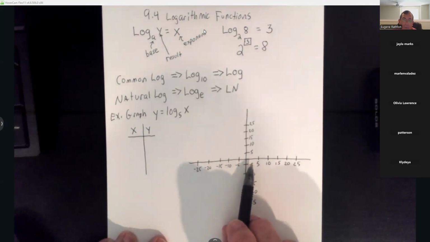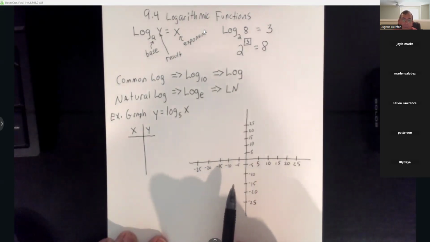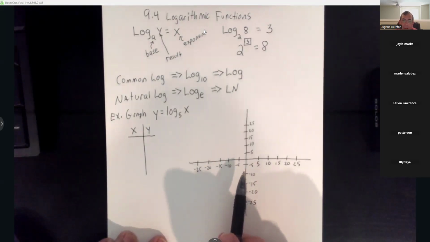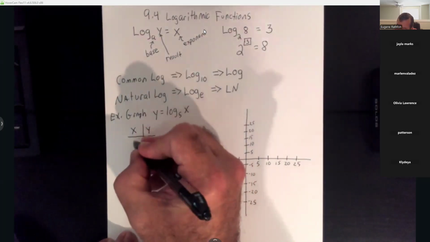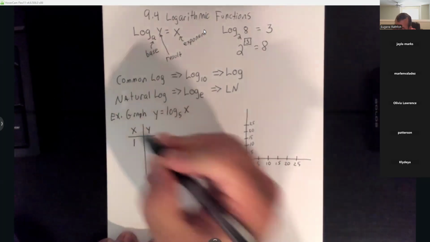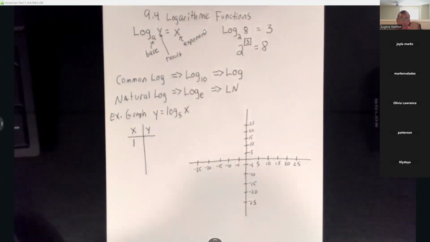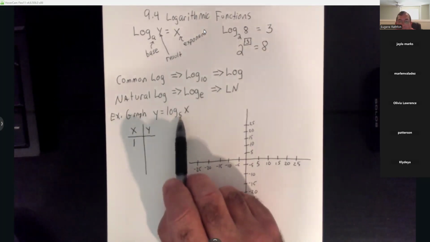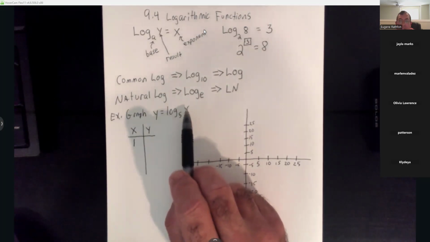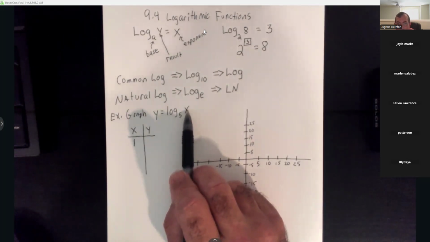All right, so the smallest x I can have on these is a 1 so far. So what exponent would I raise 5 to equal 1?